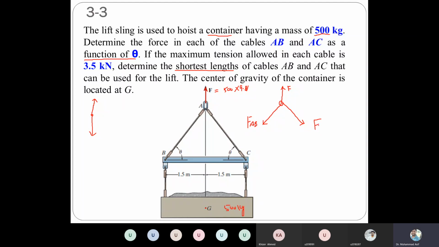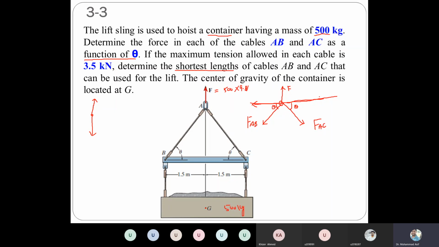And then we know that this angle with respect to the x-axis is theta, because this one is making that angle with the x-axis. Again, this is also theta. So if we take the two components of these forces, one of the components of this force will be FAB cos theta.